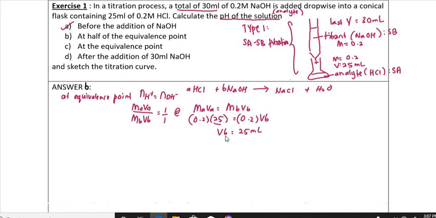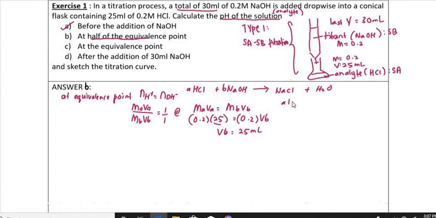This is volume at equivalent point. Okay, volume at equivalent point. But the question asks you half equivalent point. That means the volume must be half.